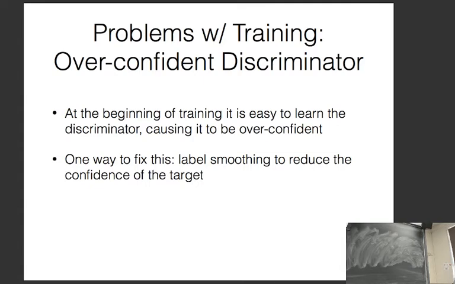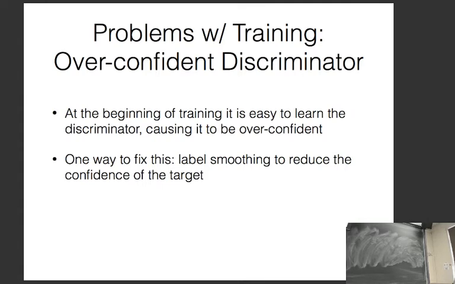So the idea of label smoothing is, normally when we do a prediction task, we're optimizing the probability of y, where y equals i, and i is the correct answer here. So normally we optimize the probability of the correct answer. The idea behind label smoothing is that the model will become overconfident in predicting the correct answer.